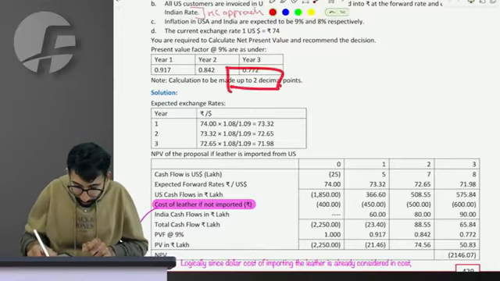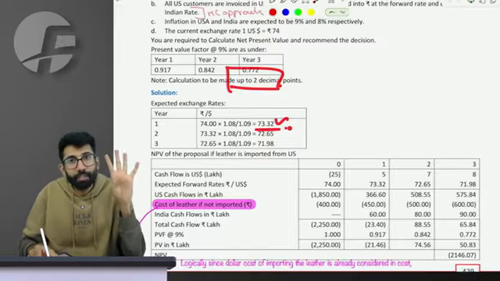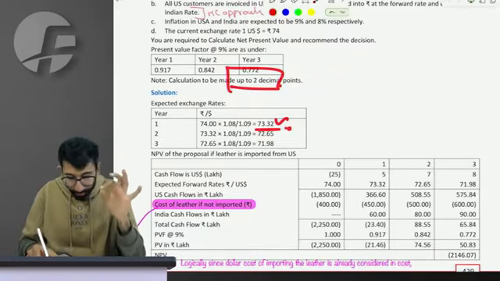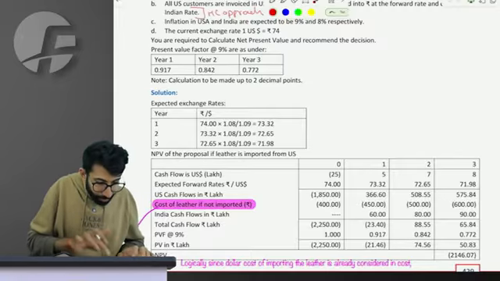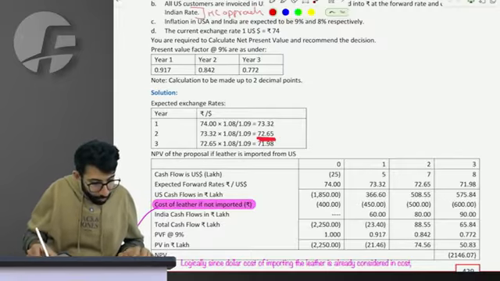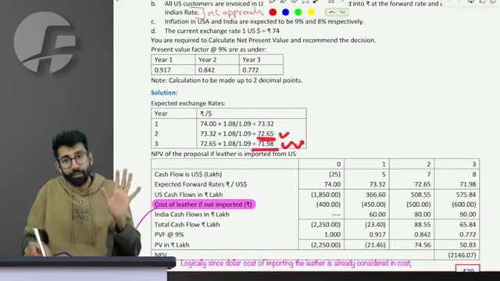Since we have to make the calculation till 2 digits, we are keeping it till here. Else we could have done it till 4 digits after the decimal point, 73.32. Then again multiplied by 1.08 divided by 1.09 is 72.65, and similarly 71.98.